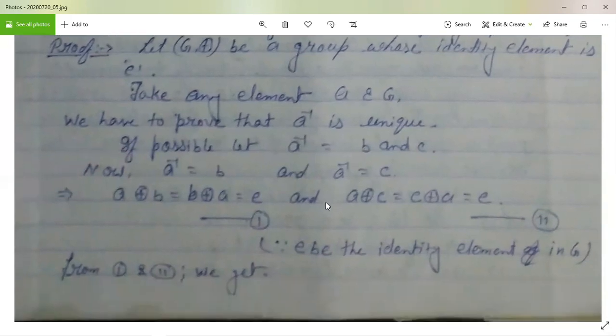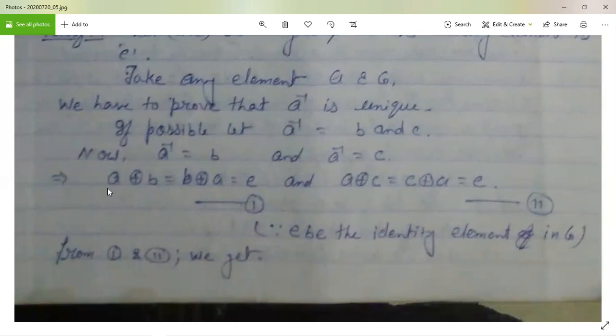Now, taking both these things simultaneously, if A inverse equals B, we can write A ring sum B equals B ring sum A equals E, and again we can write A ring sum C equals C ring sum A equals E. Taking these two equations, equation 1 and equation 2, since E is the identity element in G, from 1 and 2 both are equal.